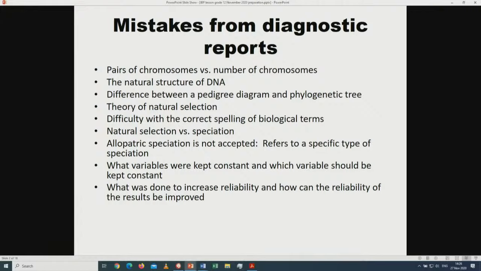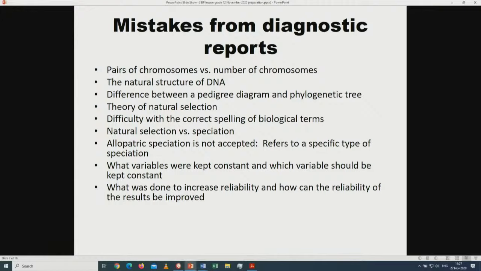There's a big difference between the two diagrams, even in their definitions. In a phylogenetic tree, we see the evolutionary relationships of organisms, how they've evolved from one organism to the other, while in pedigree diagrams, we see a family tree, where we find parents which give birth to certain offspring and so on.